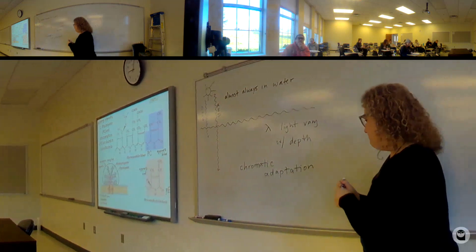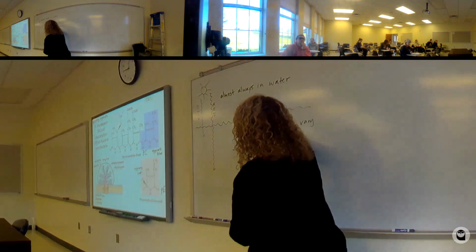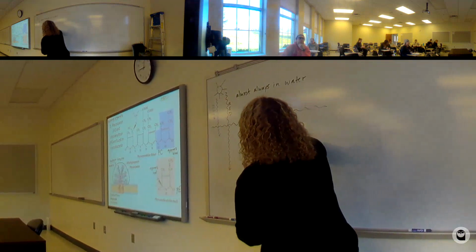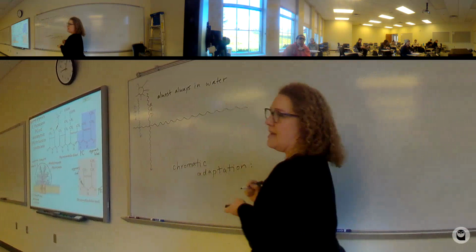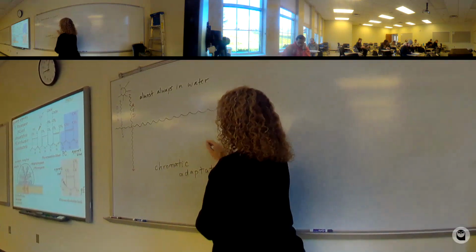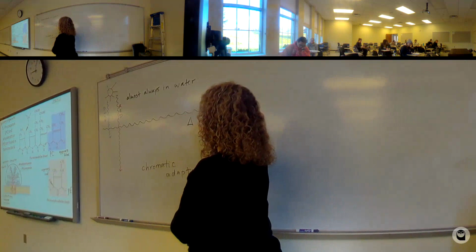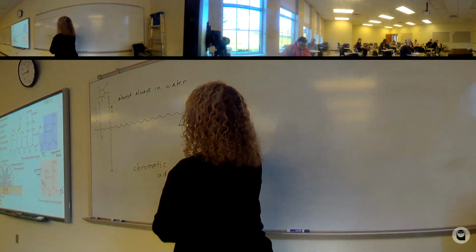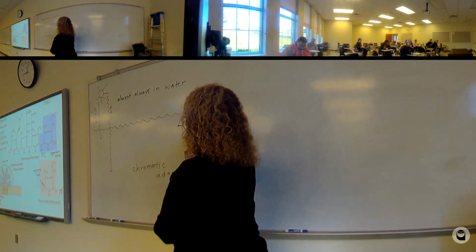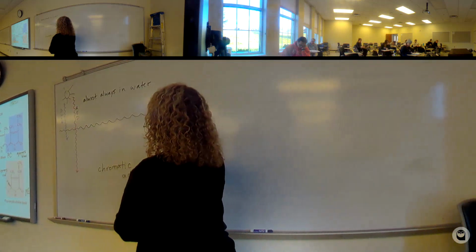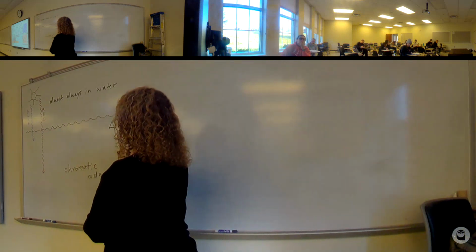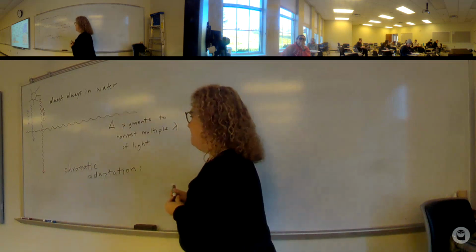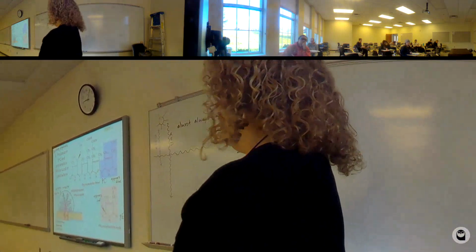If you're a microbe and you can do chromatic adaptation, what that means is you can change your pigments to harvest multiple wavelengths of light. Not all photosynthesizing microbes can do this, but the ones that can have an advantage.